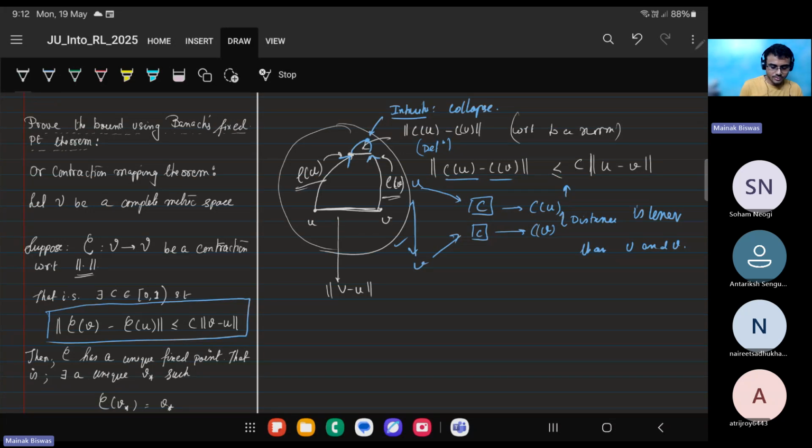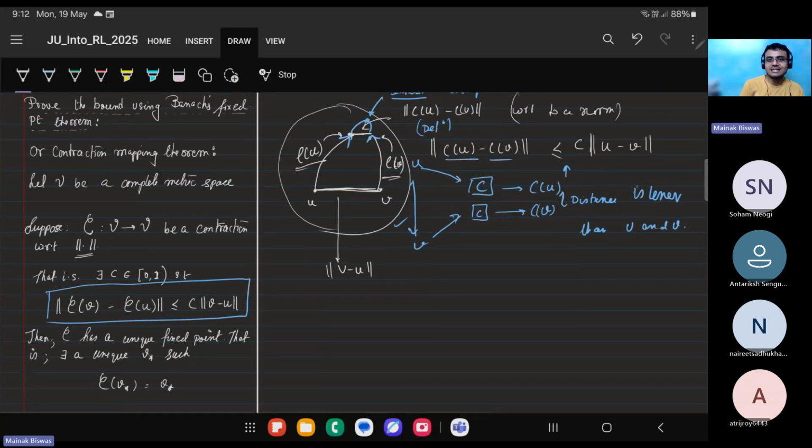So as you can clearly see, two points would always keep going closer to one another and they would collapse.